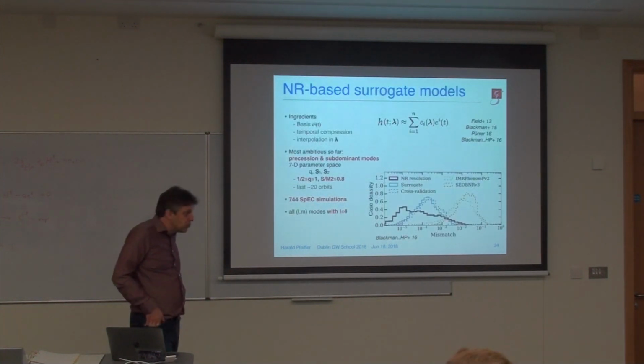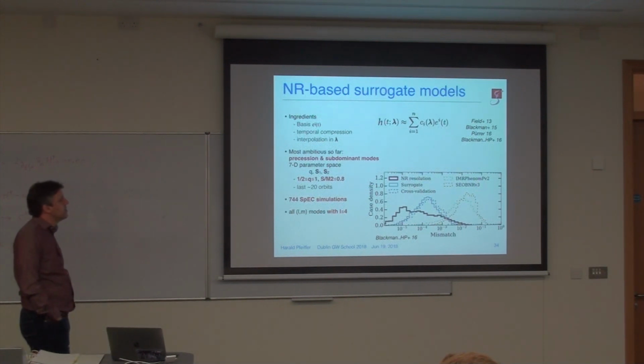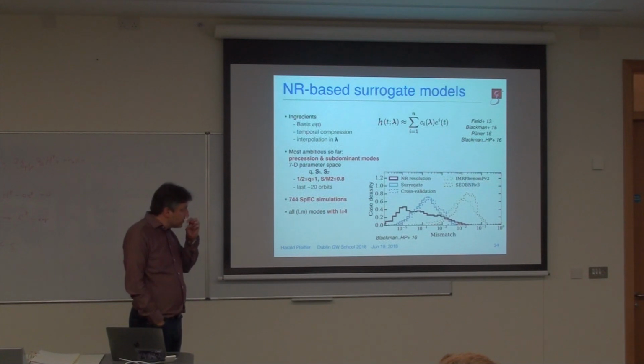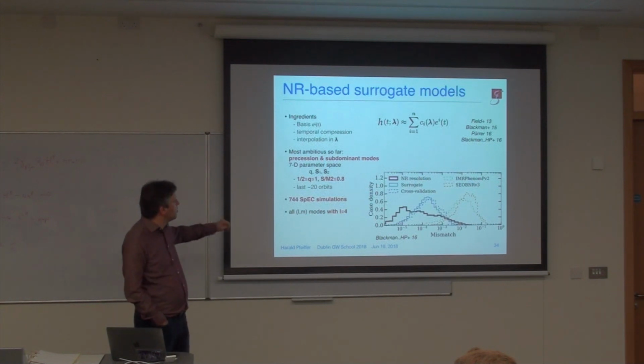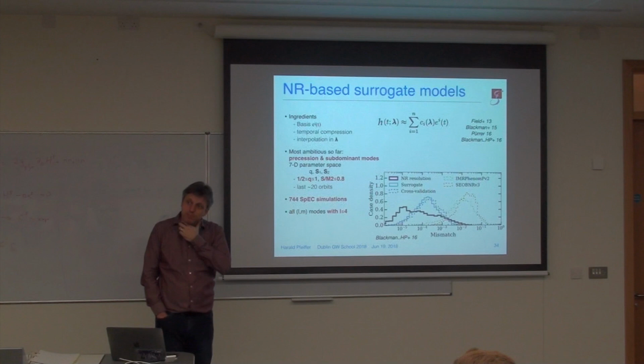I mentioned surrogate models very briefly early on, so I'd like to do a little bit of a plug on it. It turns out the amount of structure in binary black hole waveforms is small enough that you can actually just take of the order of about 1,000 or so simulations, particularly 744.